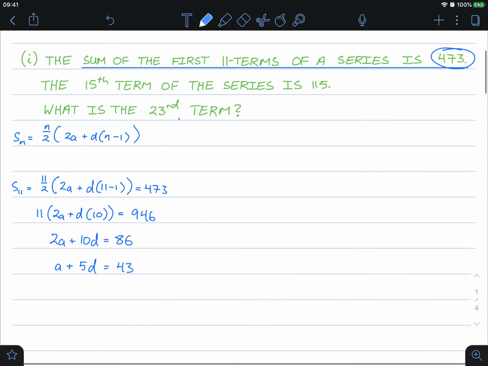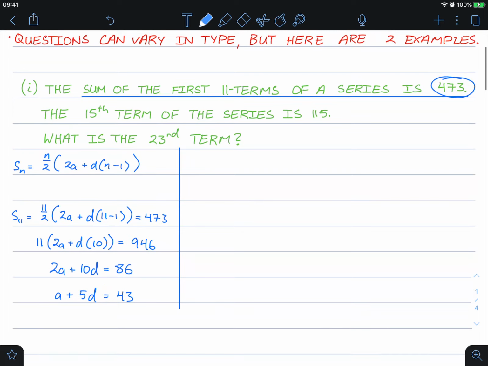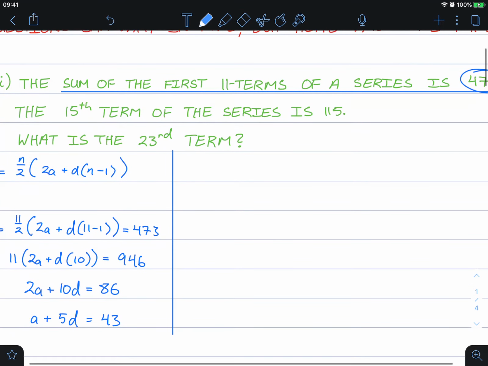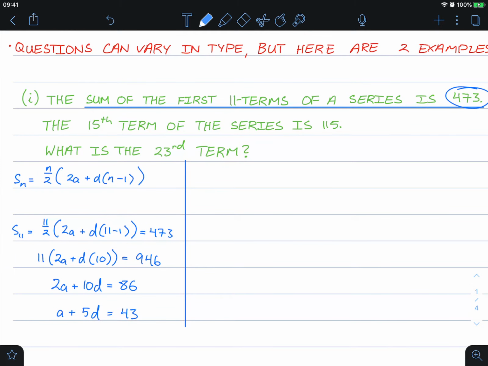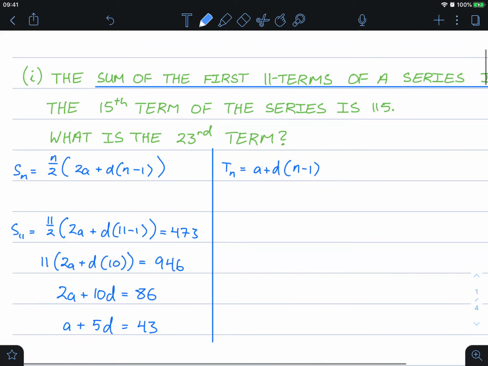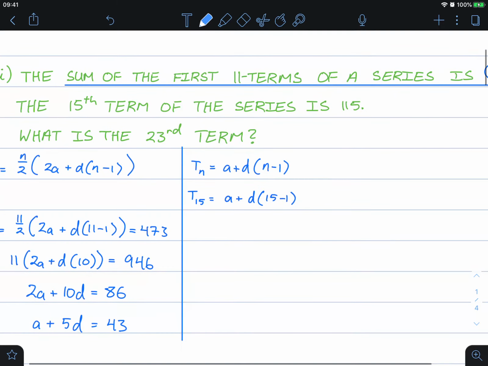It now says that the 15th term of the same series is 115. So the t of n, I hope we can remember, is a plus d(n minus 1). It's now saying that the 15th term, so t 15, is equal to a plus d(15 take away 1), and it's equal to 115.